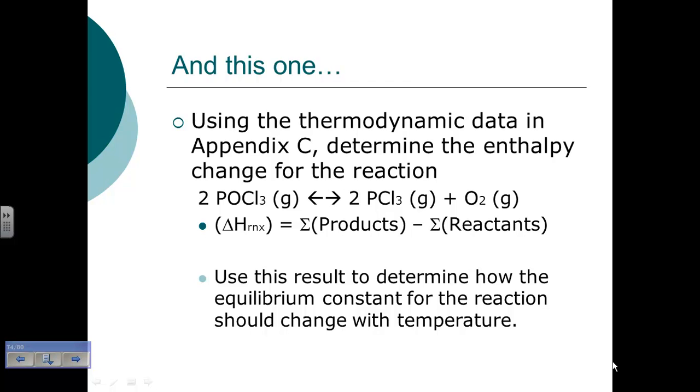Pull out your Appendix C and one at a time find their values. Well, I know oxygen, molecular form of oxygen, found in its natural state, that's going to be a 0. But in the P's, it's an alphabetical listing in Appendix C. What do you find for the other 2? Take the sum of the product minus the sum of the reactants and calculate the delta H for your reaction.